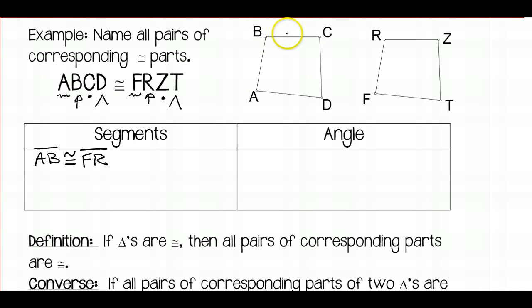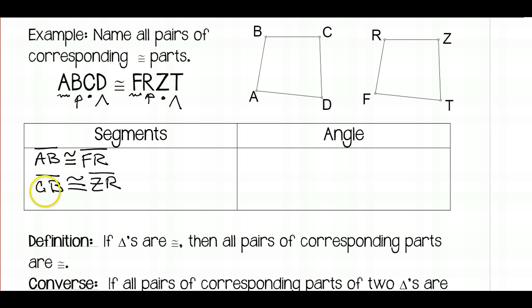Now this segment at the top, I'm going to actually name that CB. So if I name that segment CB, how do you think I would have to name that corresponding segment over here? So feel free to try and fill that in. Since I started with C on the figure on the left, I'm going to want to start with Z on the figure on the right and call that segment ZR.